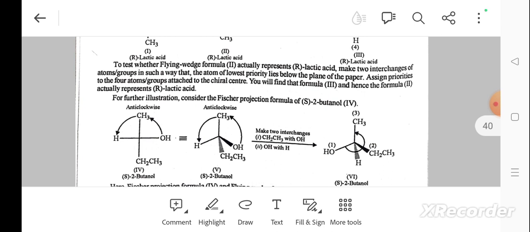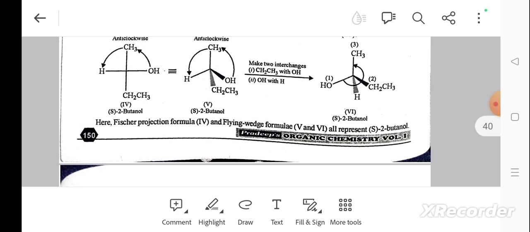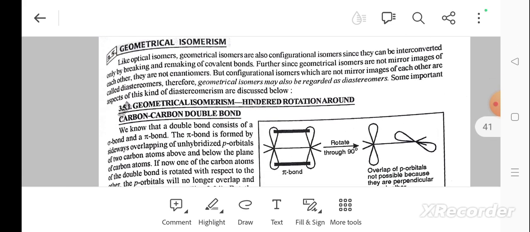You may find that the formula of third, and hence the formula of second, actually represents the R lactic acid. For further illustration, consider the Fisher projection formula of S-2-butanol 4. Here, the Fisher projection formula and the flying wedge formula 4th and 6th are represented as S-2-butanol.